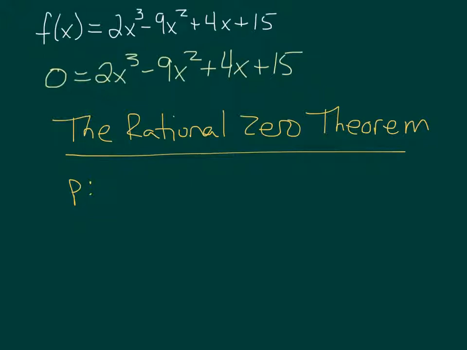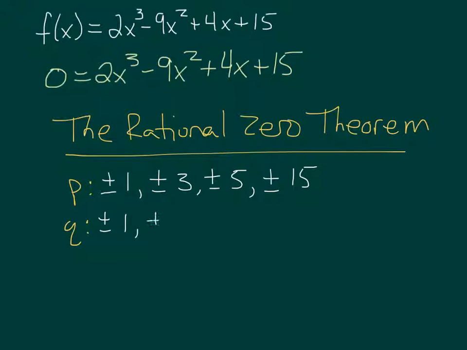So we would have plus or minus 1, plus or minus 3, plus or minus 5, and plus or minus 15. Then Q referred to the factors of the lead coefficient, so plus or minus 1 and plus or minus 2.